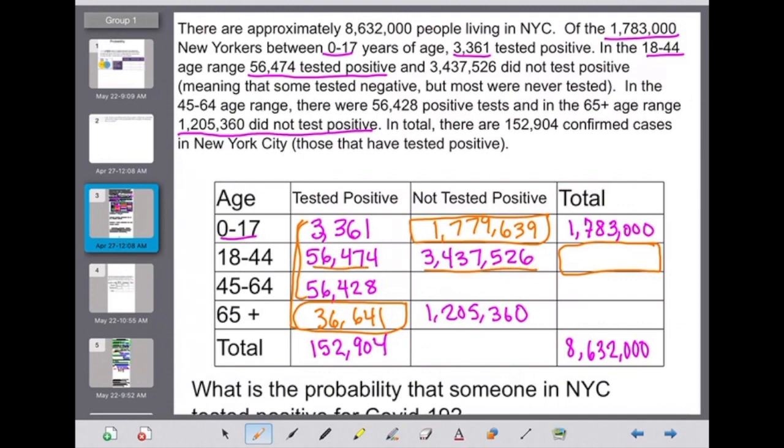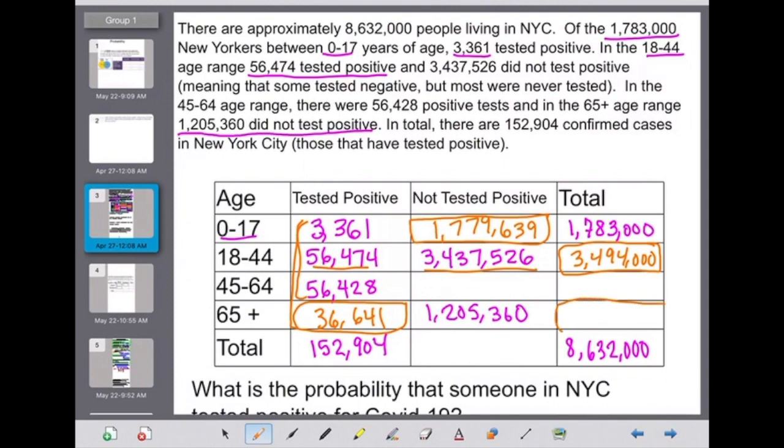So I add these two numbers together, and I get a total of 3,494,000. That's how many people in New York City are between the ages of 18 and 44.